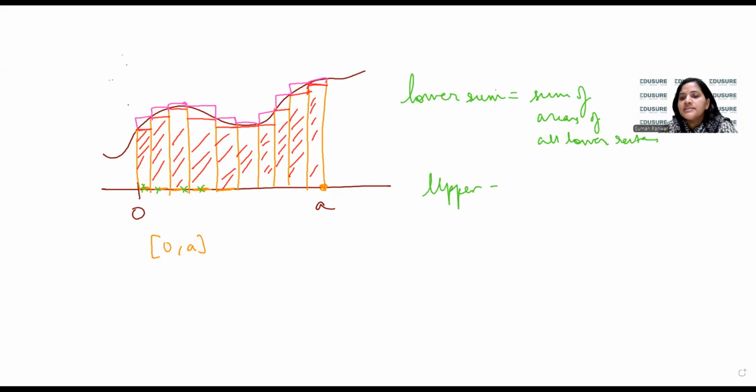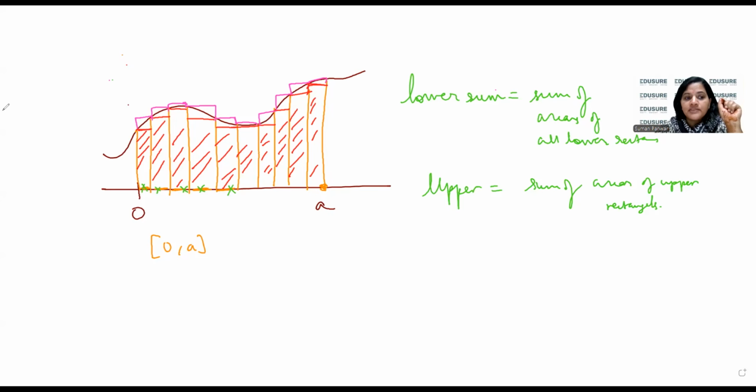The upper sum is the sum of areas of upper rectangles. Okay, so what is happening? As we increase the elements in the partition, the lower sum will increase and the upper sum will decrease. As we are breaking our interval 0 to a into smaller and smaller subintervals, the lower sum and the upper sum will tend to converge to a common area.